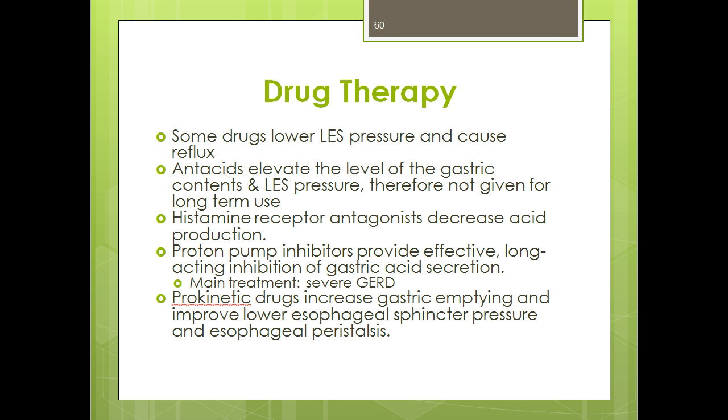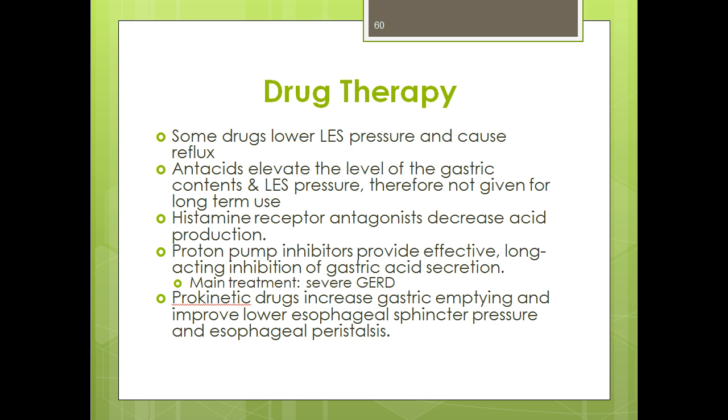Usually, what they use for long term management is histamine receptor antagonists, and what they do is they decrease acid production. The type of things that you would consider would be the Pepcids and the Zantacs.